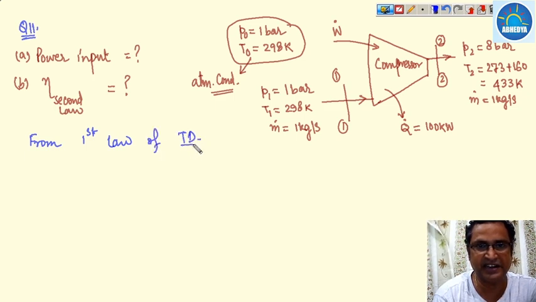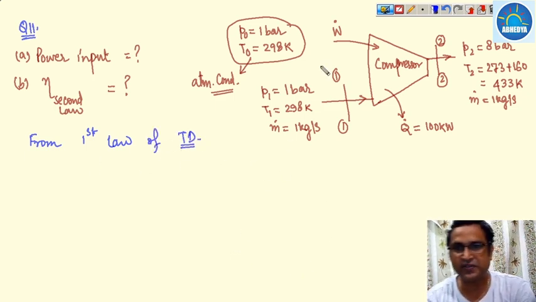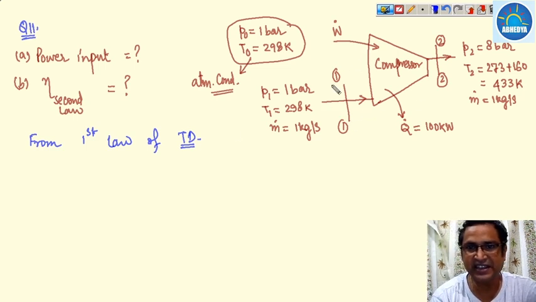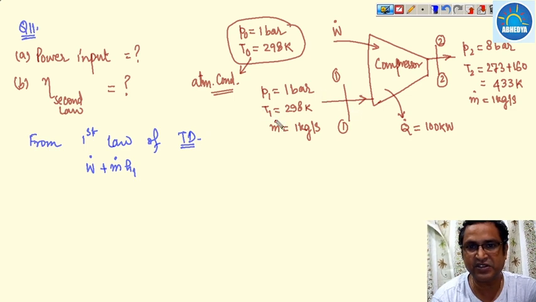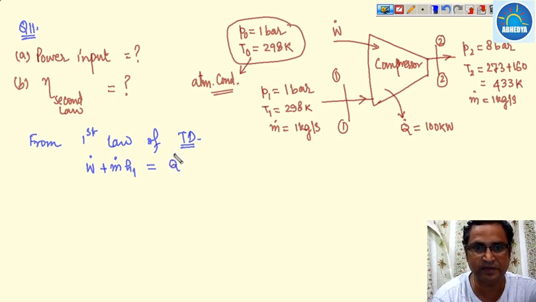So from the first law of thermodynamics, what does the first law say? That W dot, which is coming inside the system, plus m dot h1, this much carrying energy, is, under steady state condition, equal to Q dot plus m dot h2.